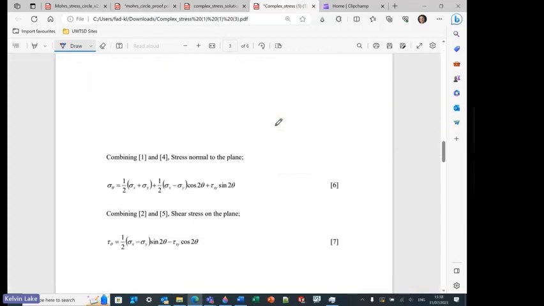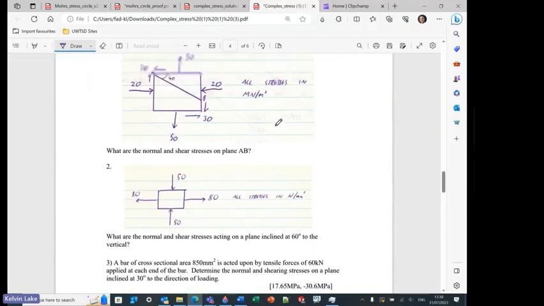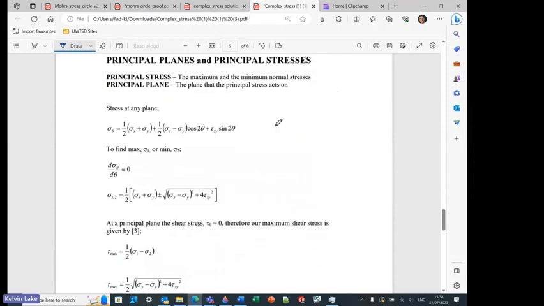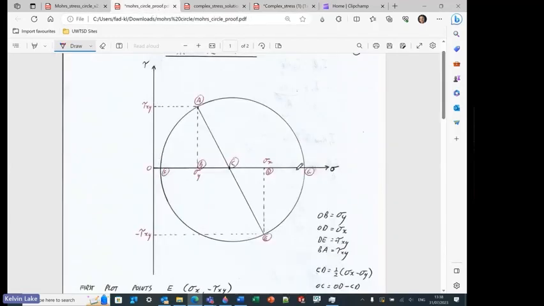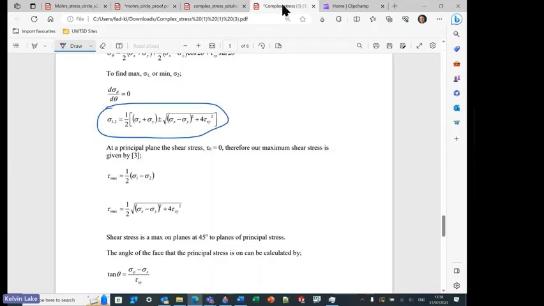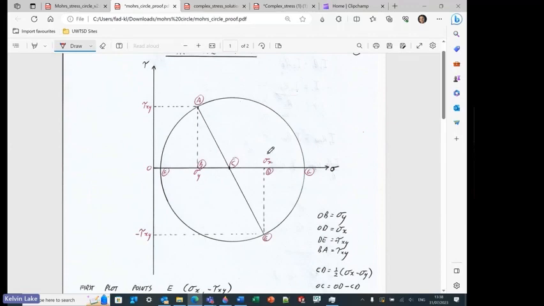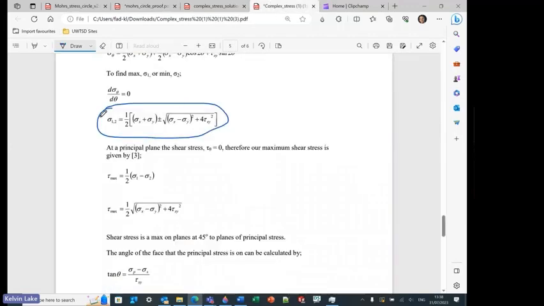If we cast our minds back to this handout here, we showed that sigma 1 was this big long equation here. So we can use graphical techniques instead of these analytical techniques, instead of using this formula.